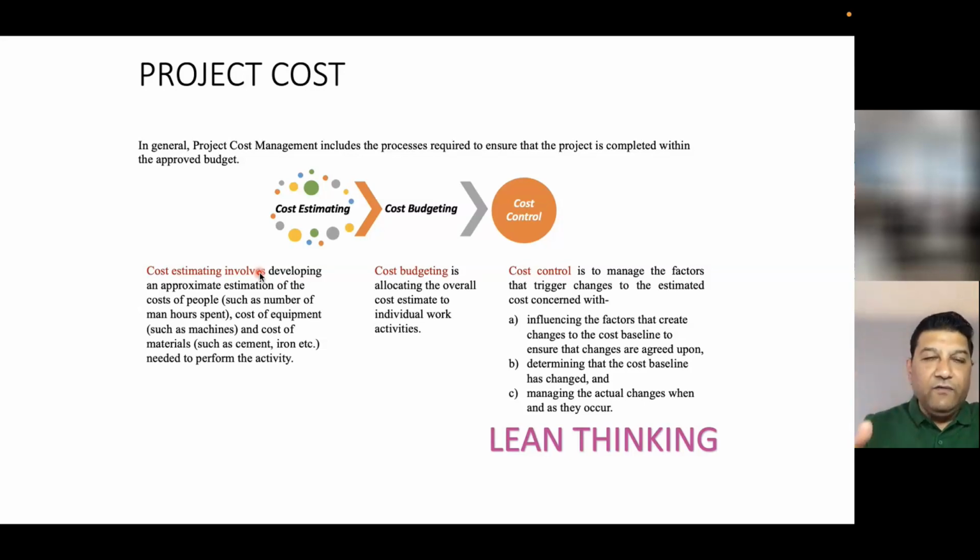Once you have all the activities in that work package, you can allocate cost to each activity as well. Once you know how much cost you have available for each work package, you can look into the budgeting: how can you budget that for each activity? And then you have to control the cost as well. So controlling the cost is also important.